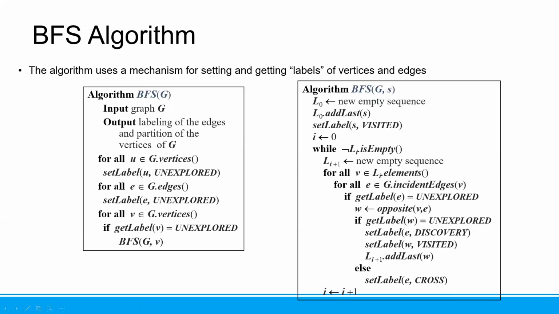After we have L1, we check for all V in the Li elements, so we check the L0 element, which is A. Then we check all incident edges of V. The possible edges of A are AB, AC and AD.